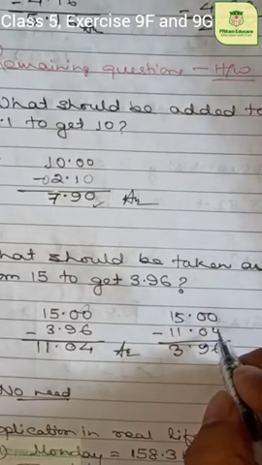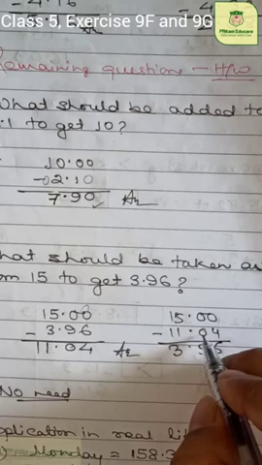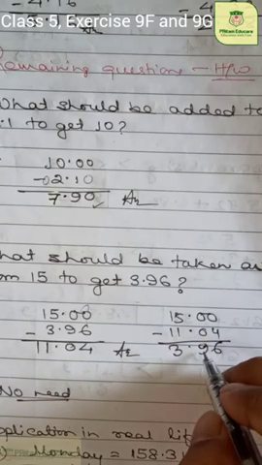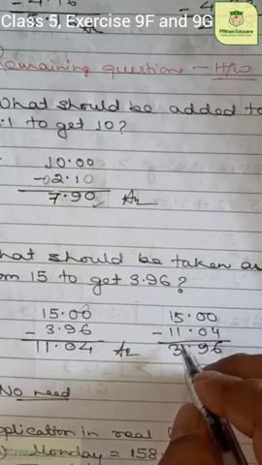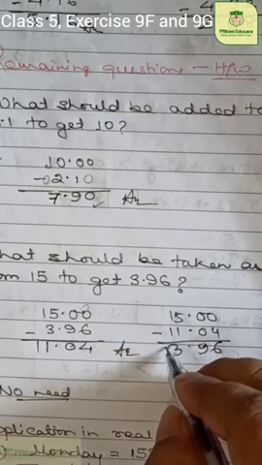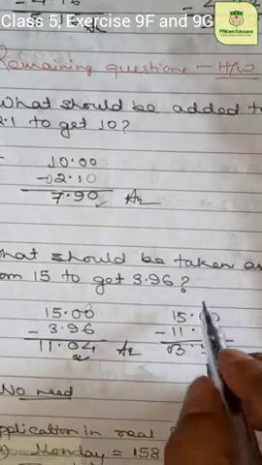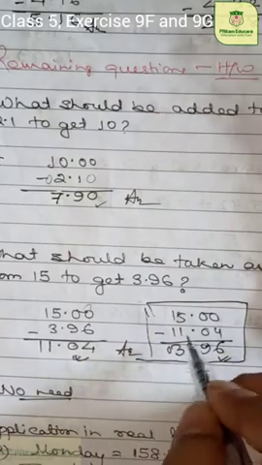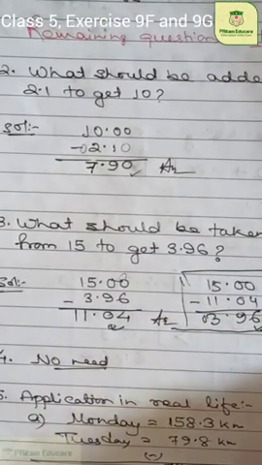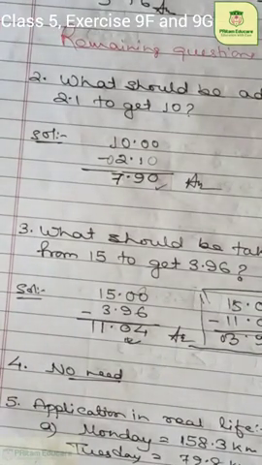See, 10 minus 4 is 6, 1 carry, 0 plus 1 is 1, 10 minus 1 is 9, again 1 carry, 1 plus 1 is 2, 5 minus 2 is 3, and 1 minus 1 is 0. So we got our answer. This is just to check whether our answer is correct or not. Question number 4 is not needed for you.